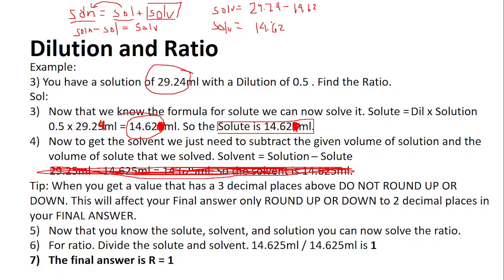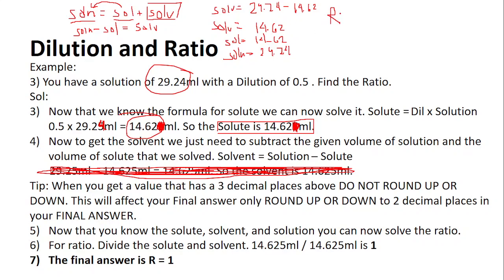Okay, and solute naton and solvent the same. So, 29.24 minus 14.62, you will get 14.62 then. So, isurat lang natin ang given natin. So, solvent is 14.62. Solute is 14.62. Solution is 29.24. Okay, so kompleto ka na sa tulo.